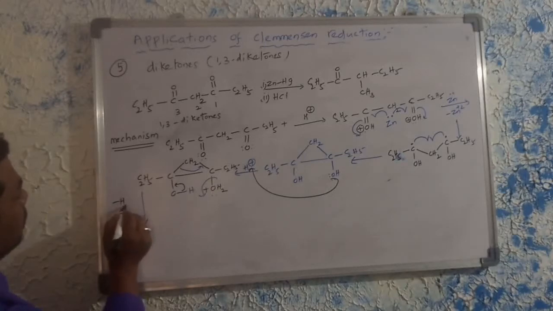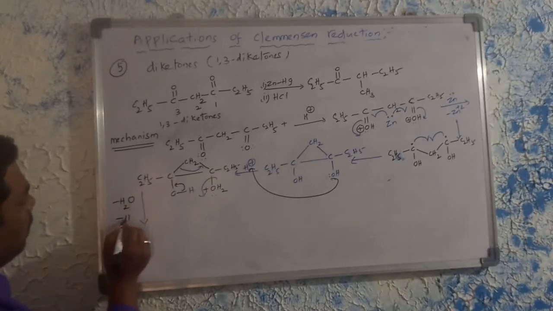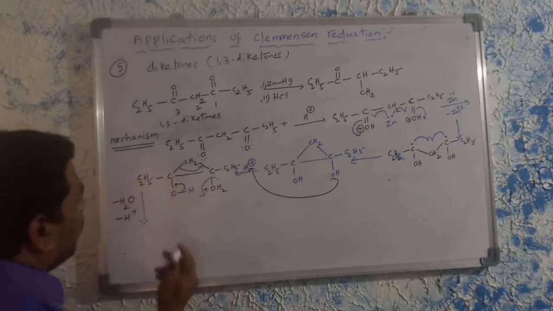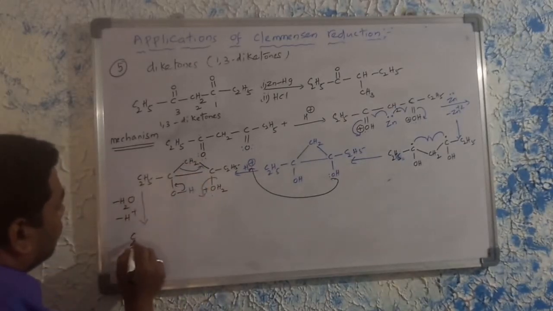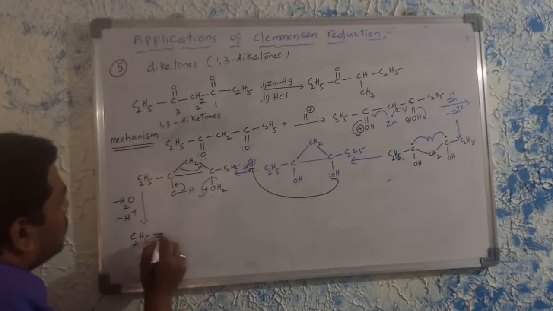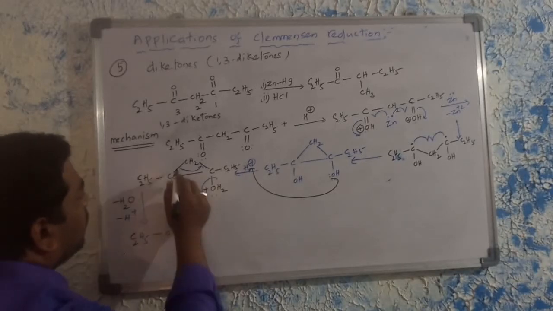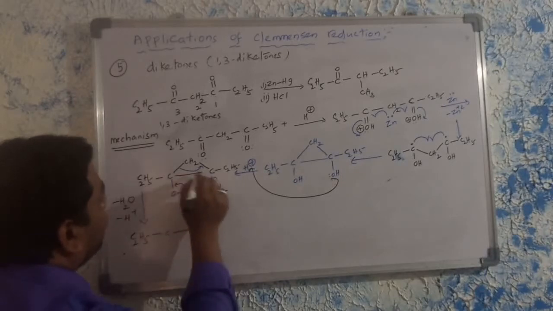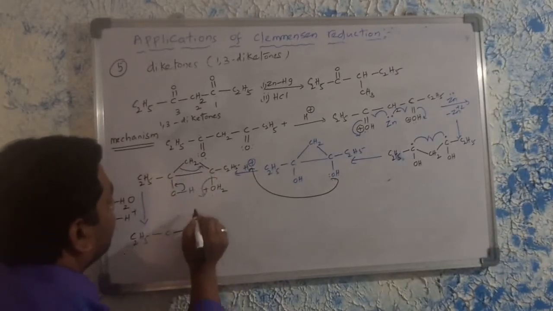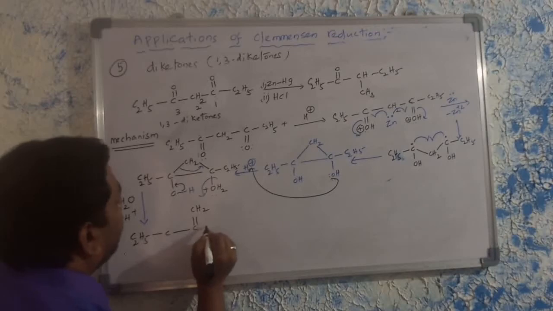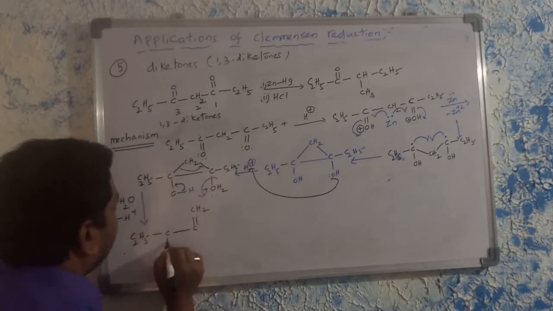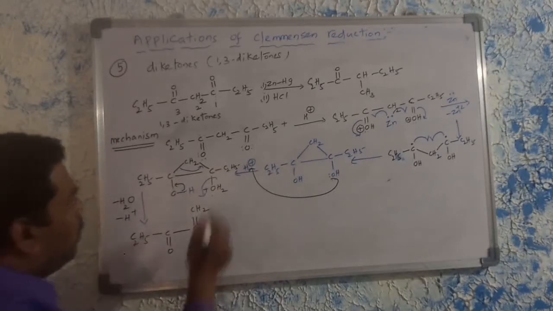It leaves a water molecule and also H plus. Then we write the remaining compound, C2H5. This bond is shifted to here, and this bond is shifted to here. This carbon has CH2. It becomes a C double bond O.